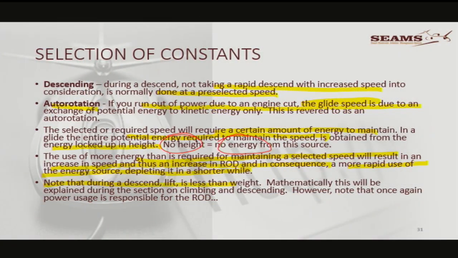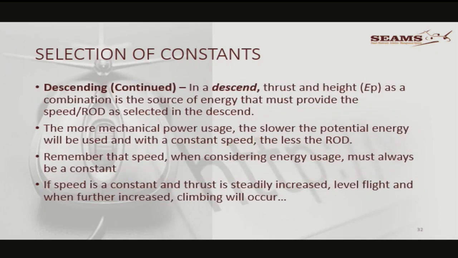Note that during a descent, lift is less than weight. Mathematically, this will be explained, and we have done so, in the rate of descent. Descending, what are the selections there in a descent? Well, we know that thrust and height combined is the source of energy.